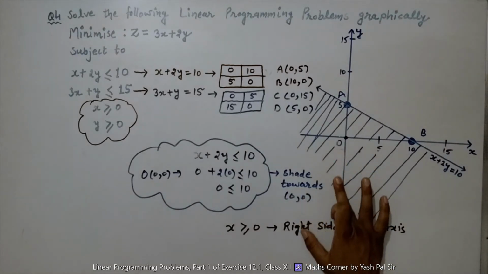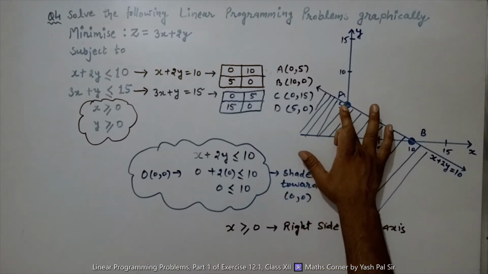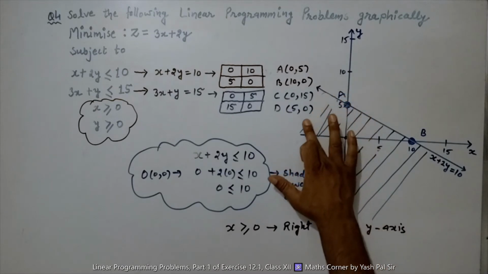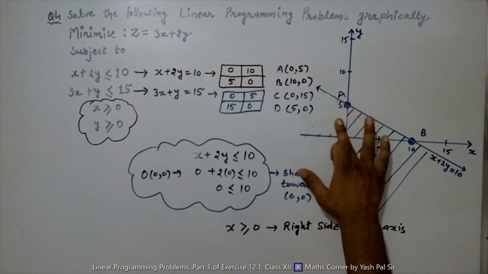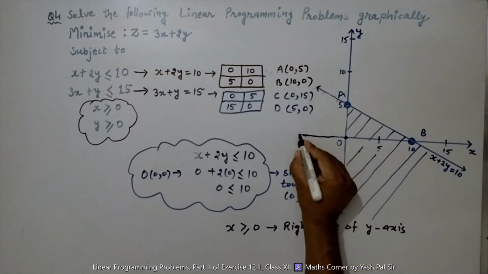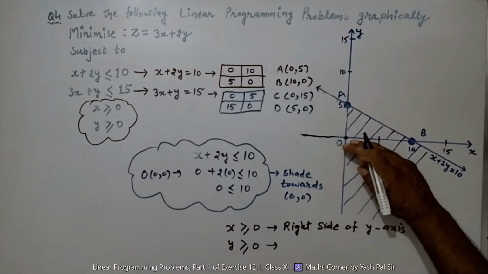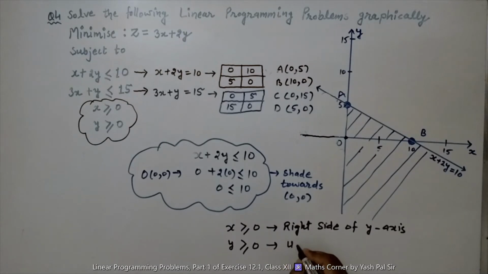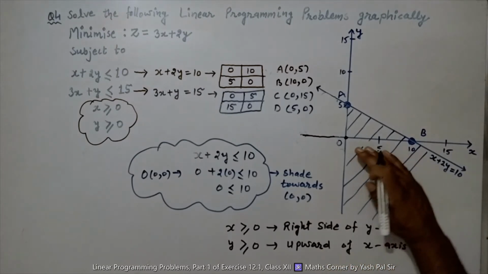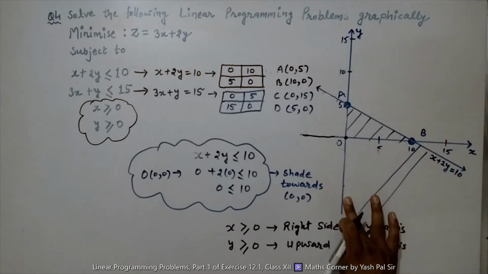So left side we are erasing. Only right side we have to shade. Right? So this way only right side we are taking. Y is greater than or equal to 0 means upward of x-axis. So downward portion that is erased.